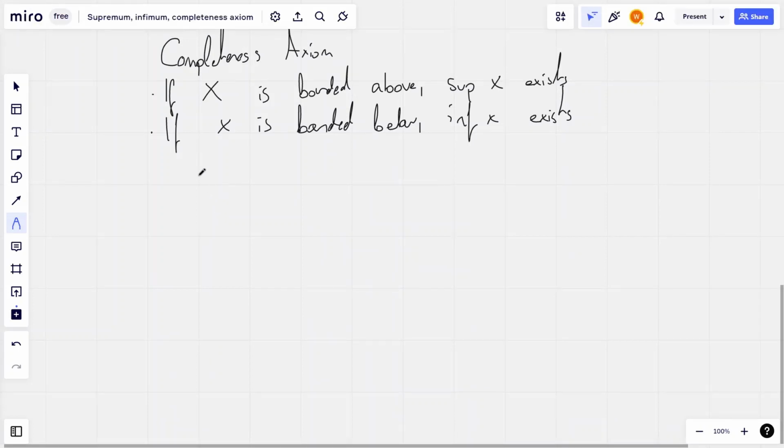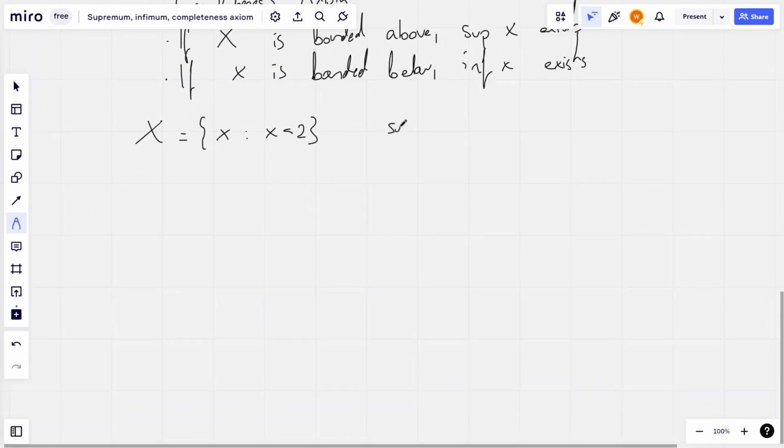So to give an example of this, let's consider some set X. X is equal to the set of x such that x is less than 2. Now the supremum is obviously sup X is equal to 2. Now notice that the inequality is strict on purpose. So let's suppose X has a maximum k, for example.